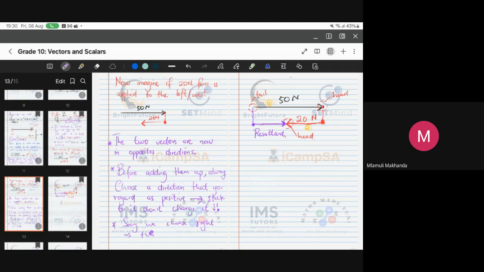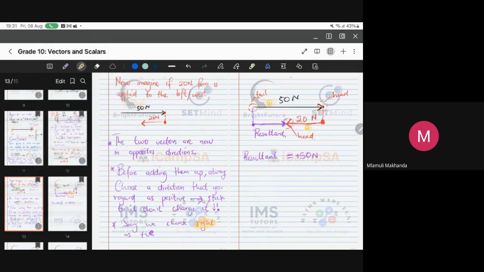So now, remember, we chose a direction and we said left is positive. So when we add up these magnitudes to find our resultant magnitude, what we do is resultant will be 15. If you notice, my 50 will be positive. Why? Because the right is positive. Let me do this.